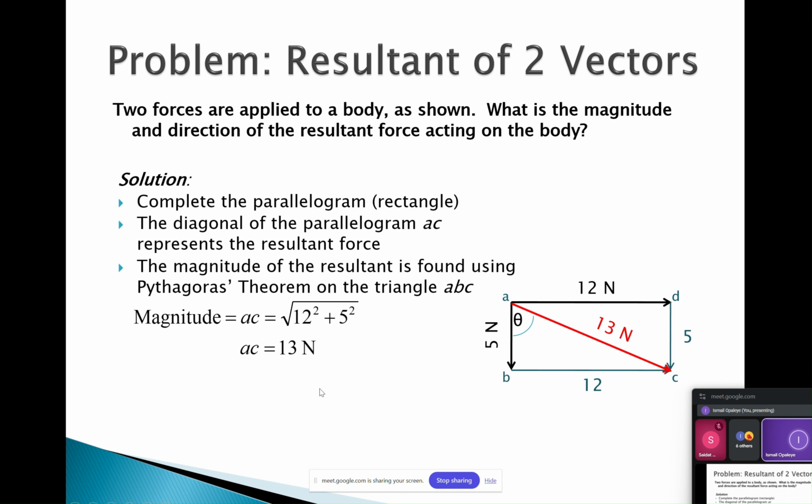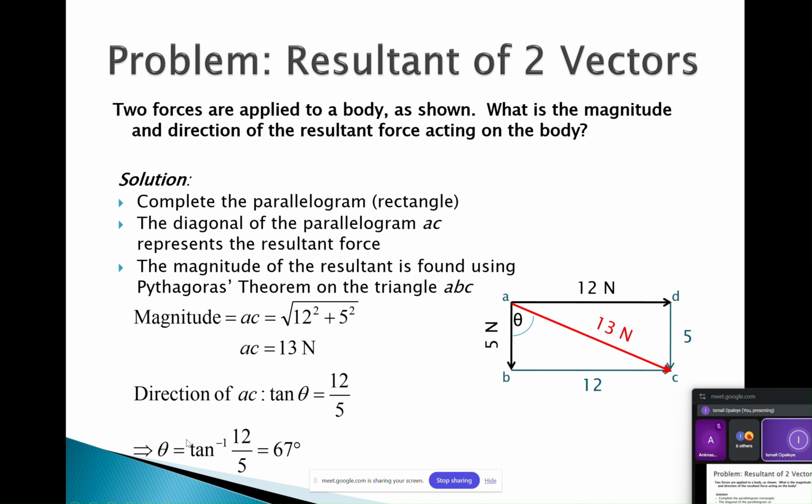Or you may even decide to use tan theta. So here we decide to use tan theta. Tan theta gives us the opposite, that's 12, over the adjacent, that is 5. Do we know that? Yes, sir. So tan theta is equal to opposite over adjacent, that's 12 divided by 5.